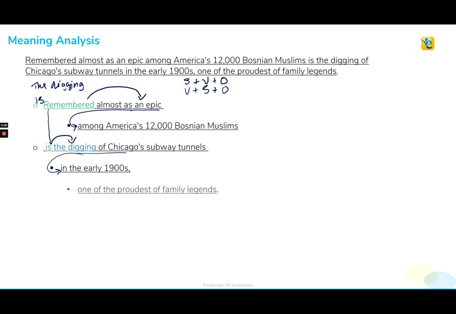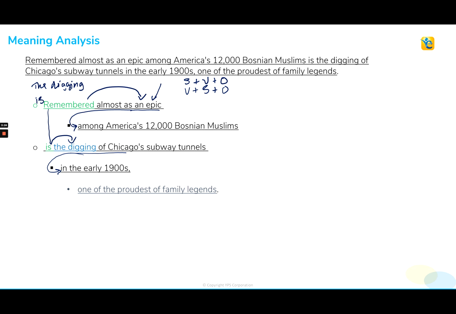Now, as I read that, the thing that's standing out is the use of this phrase, an epic. And the sentence seems to now be communicating, now that I've rearranged it, that this digging of Chicago's subway tunnels is remembered as an epic. And my question here now is, can digging be an epic? And I would have to argue no, it cannot.